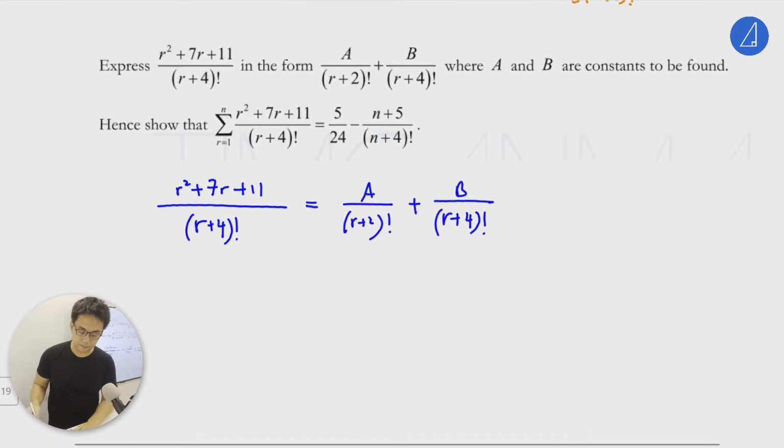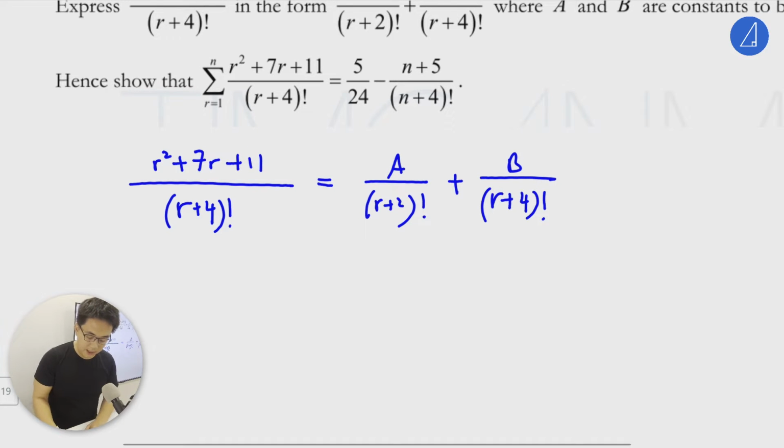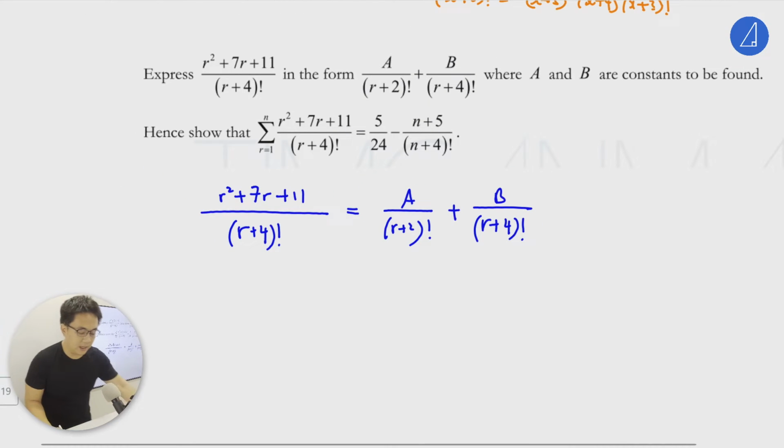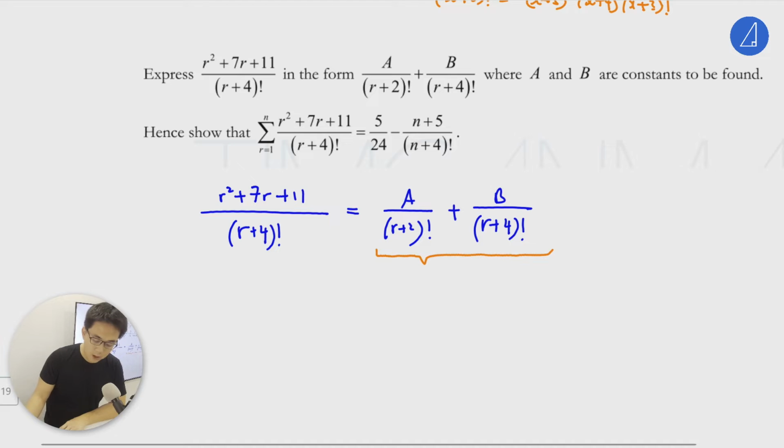So what to do? Is starting from the left-hand side easier or the right-hand side? The left will be easier, right? The left is much easier than the right. So I'm going to start from the right-hand side here because you want this form. Think about it, this is r plus 4 factorial, and this is r plus 4 factorial, which you already have.